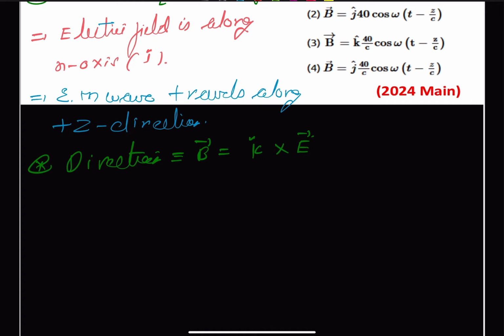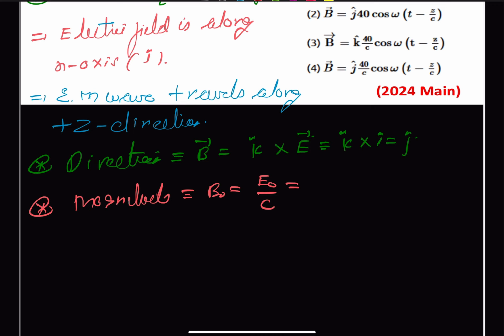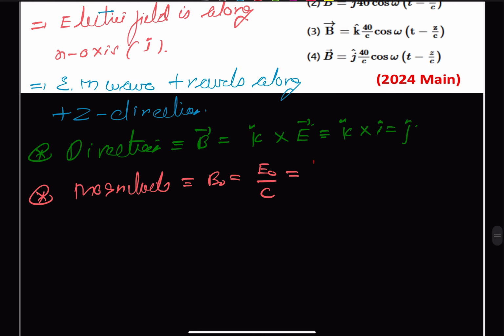So let me put it, that is our k unit vector cross i unit vector, which gives us our j unit vector, and so direction is our j, and magnitude, that is our B naught, will be equal to E naught upon c, and E naught is our 40, so this comes 40 upon c.